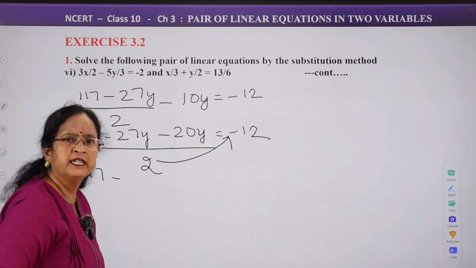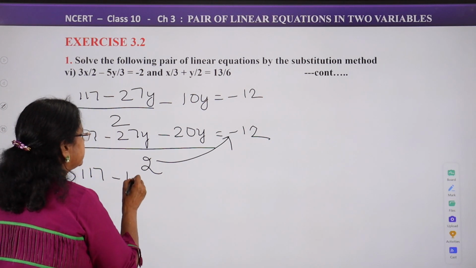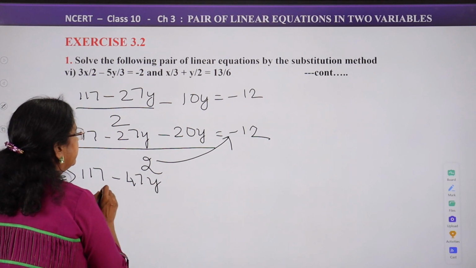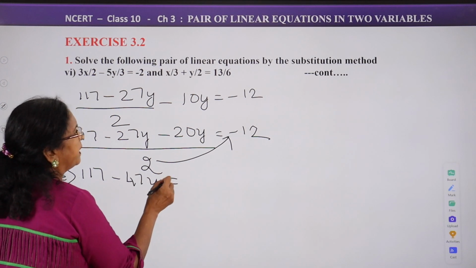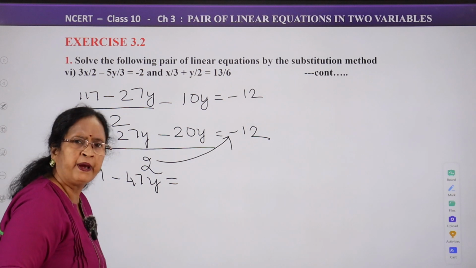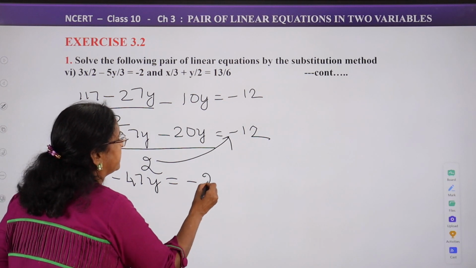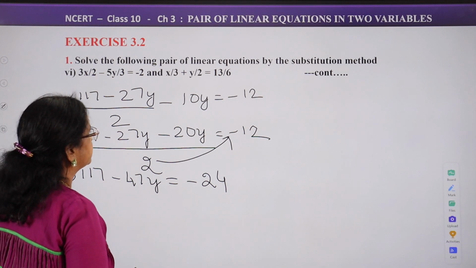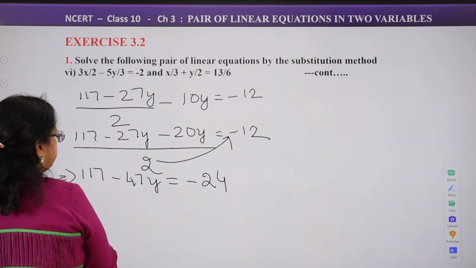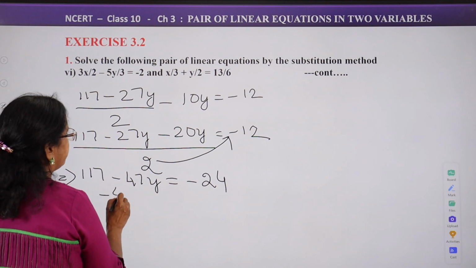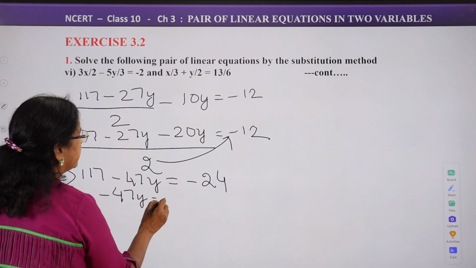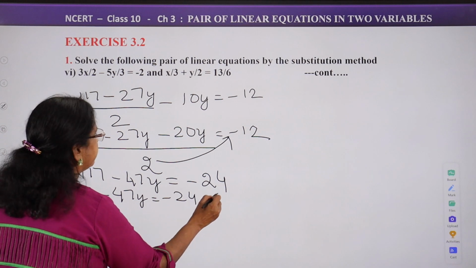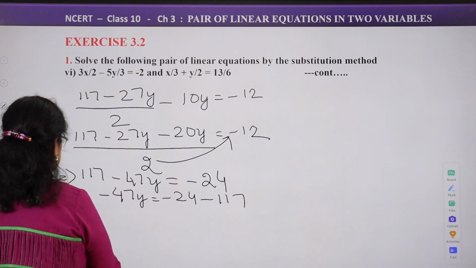What is the result? Correct. Minus 47y is equal to 2 into minus 12. Minus 24. Absolutely right, students. Very good. Minus 24. That implies minus 47y is equal to minus 24 minus 117.